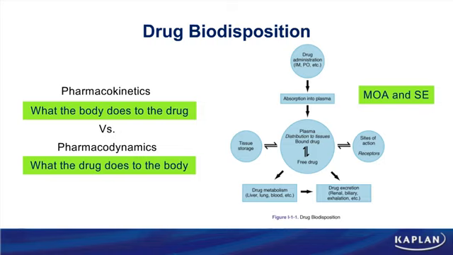And the two most popular pharmacodynamics questions are mechanism of action and side effects. Mechanisms of drugs are tested heavily on Step 1 exam. They're tested a little bit less on Step 2 and Step 3, but side effects get tested really across the steps. So when I look at this picture, remember the relationship between kinetics and dynamics.